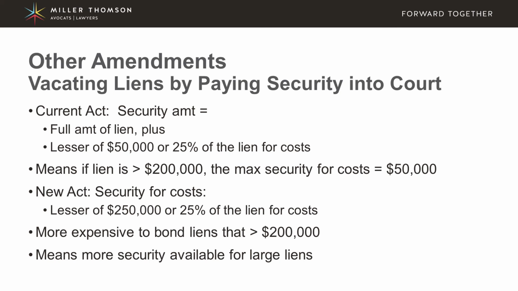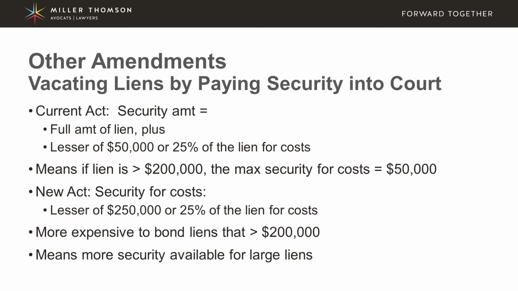Another amendment is with respect to the amount of security that has to get paid into court to remove a lien from title. So the way the law currently stands is that if a lien is registered on title, a party can vacate it, meaning they can take the lien off title and attach it to security paid into court instead of the land.